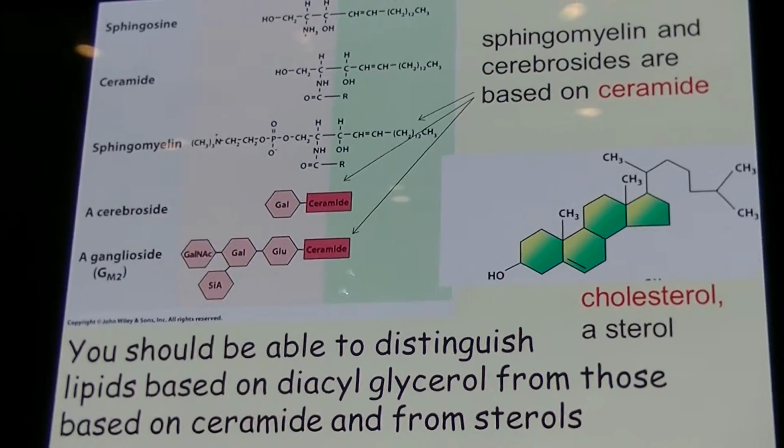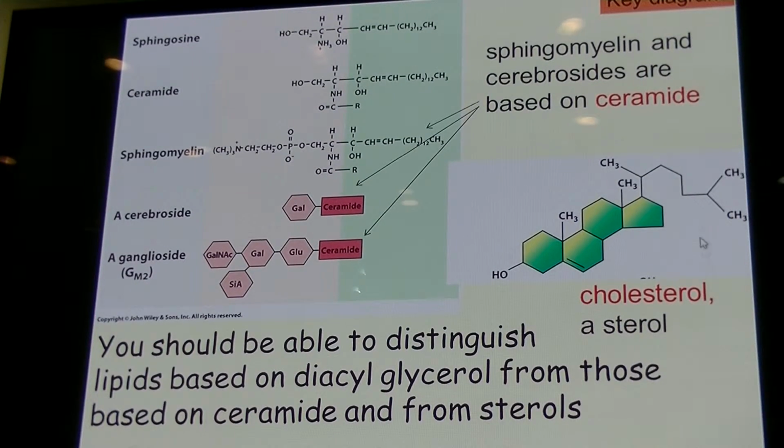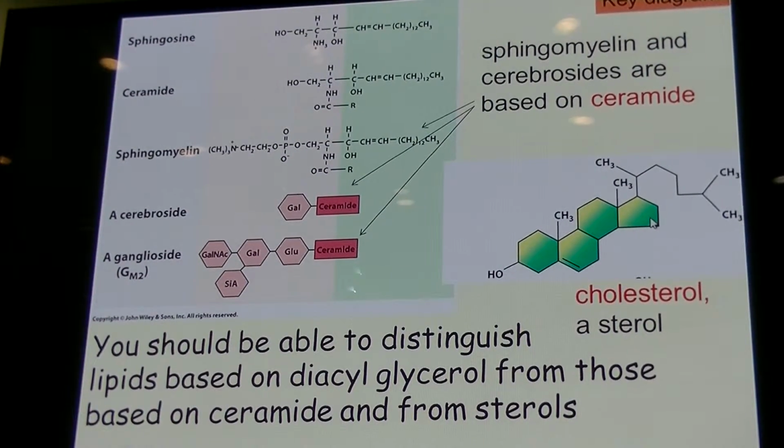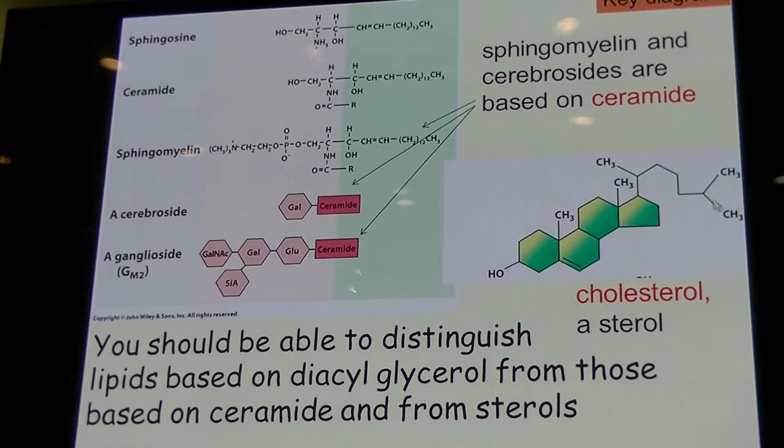And then the third lipid that can be abundant is cholesterol, at least in us, in mammals, and related sterols function in other eukaryotes. So this is cholesterol. It has a short fatty acid-like tail. It has these ring structures, and it has a very small polar group.